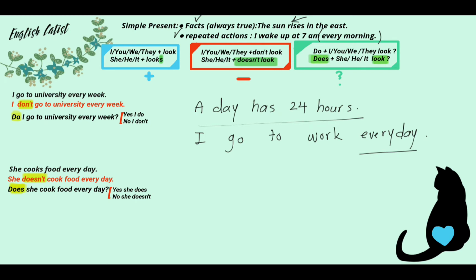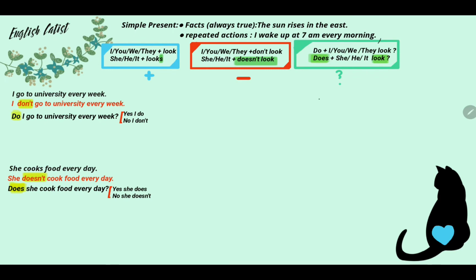Okay? It is repeating. Now we want to learn the positive form of simple present, negative form, and question form. For positive form, we have two shapes. For I, you, we, and they subjects, we just add the simple word, like look, walk, talk.